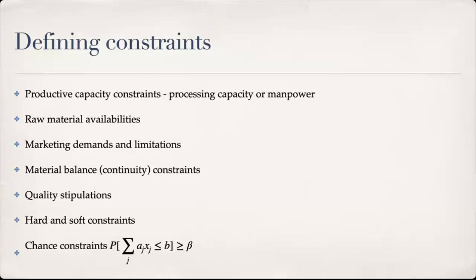So in this case, what do you think? It should be equality or inequality constraints? Prince?